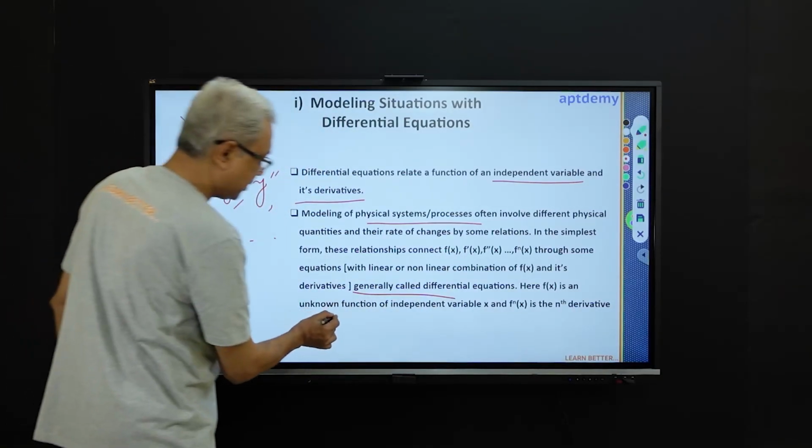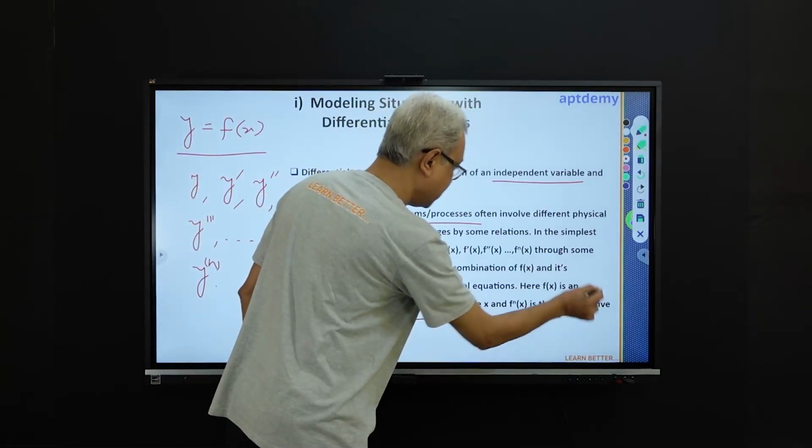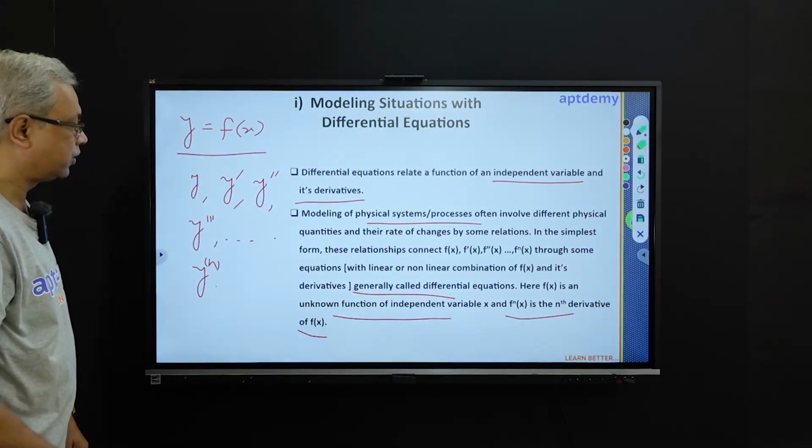Here f(x) is an unknown function of the independent variable x, and f^(n)(x) is the nth derivative of f(x).